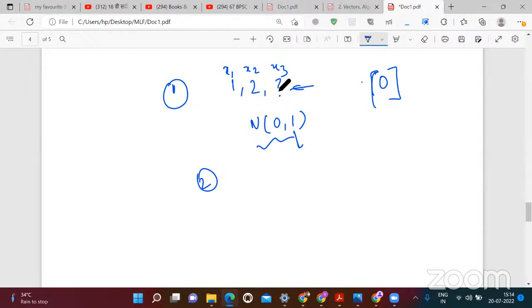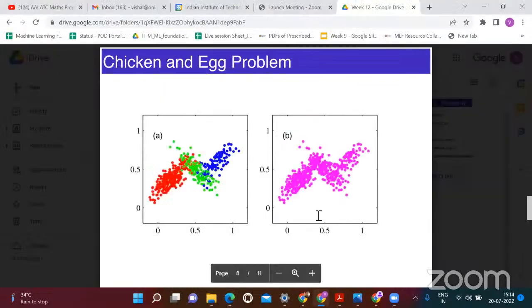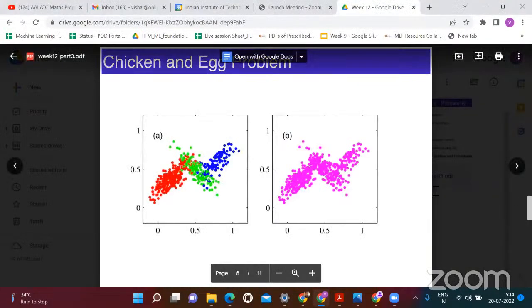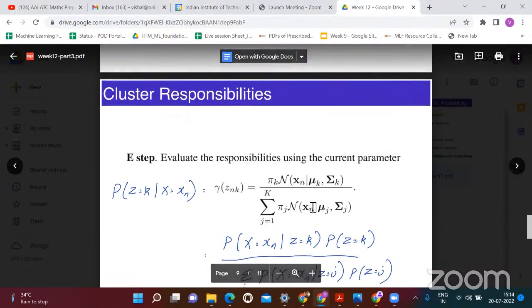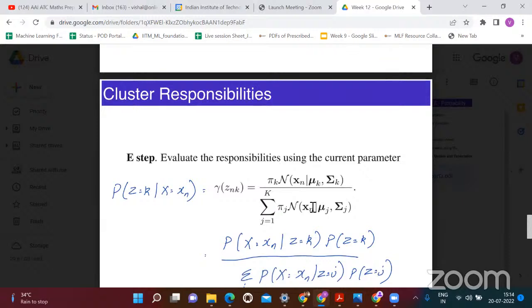So here we are dealing with the expectation maximization method. It generally has two steps: the first is the E step, the expectation step, and the second is the M step.